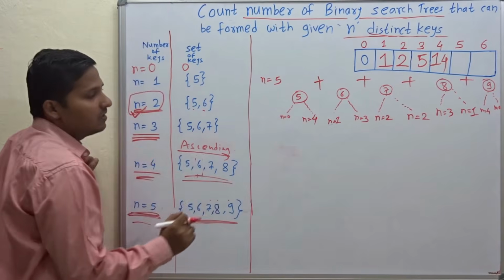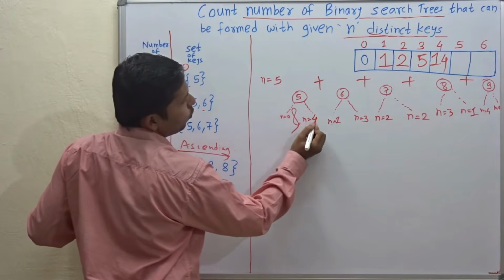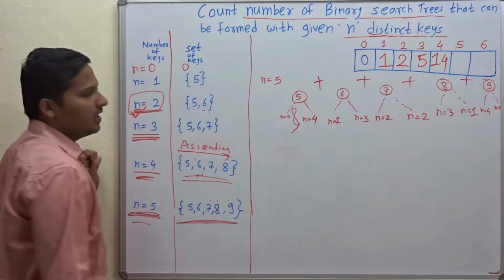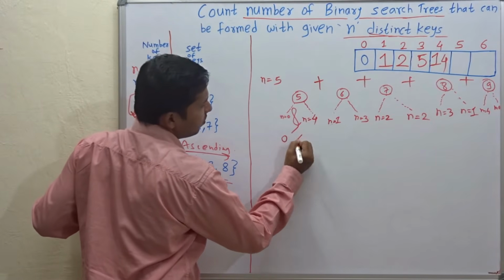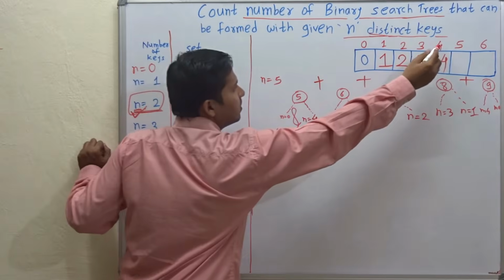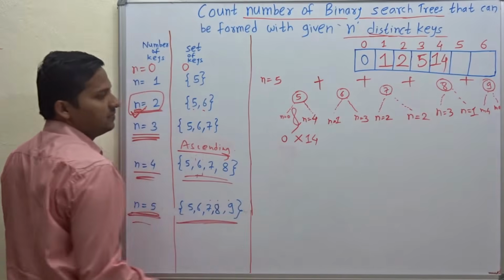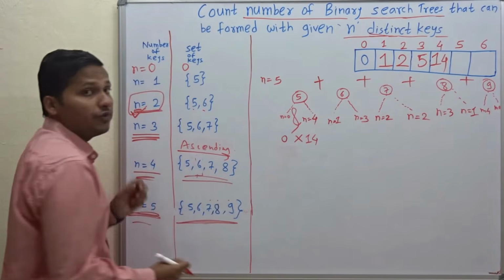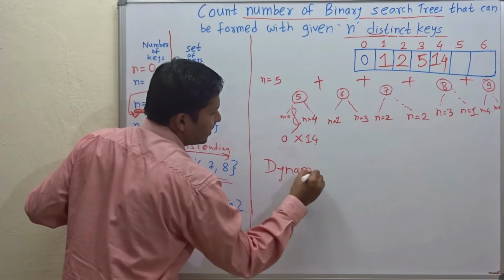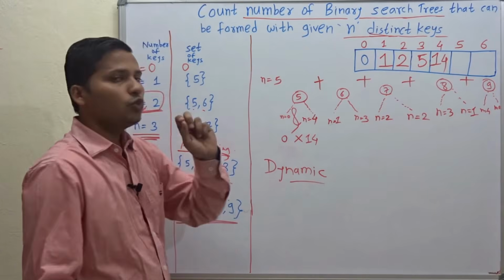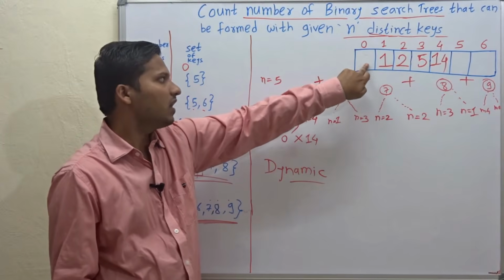So if we say like there are 0 keys on the left and 4 keys on the right, then it will be a multiplication of 0 into n equal to 4, so the value is 14. It will be a multiplication of 0 and 14, so that will become 0, but we don't want that. So for dynamic programming, for memoization, we have to hard code the value of 0th index as 1.